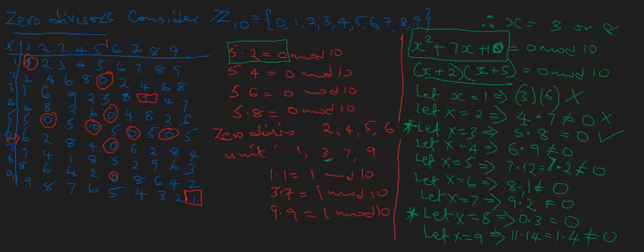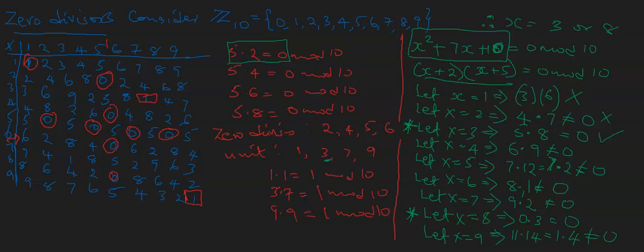You can see how interesting it is when you are working with 0 mod 10. If it was not mod 10, simply solve x squared plus 7x plus 10 is equal to 0. Then you realize that x could have been negative 2 or negative 5. But now we are getting a totally different solution.